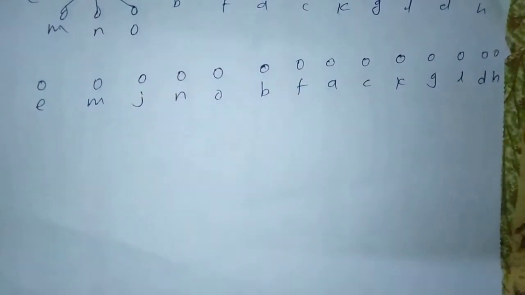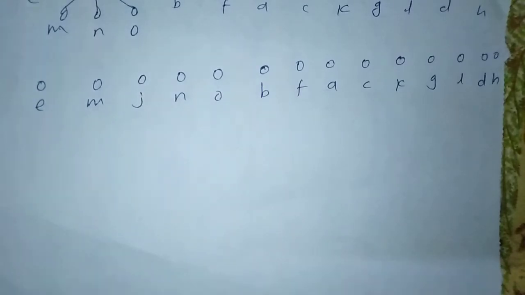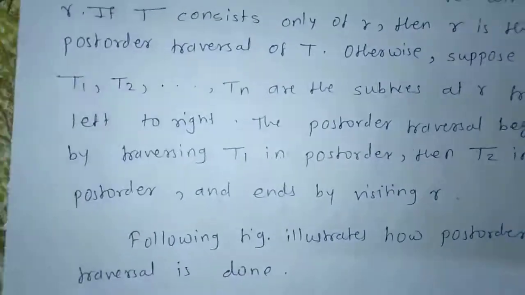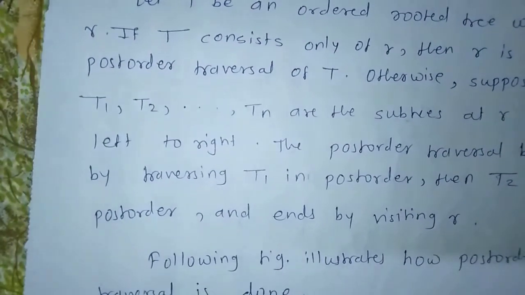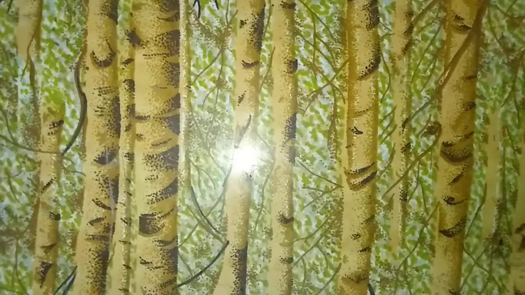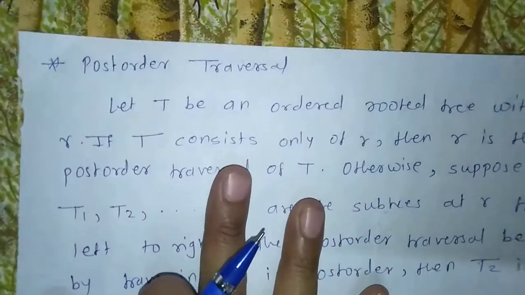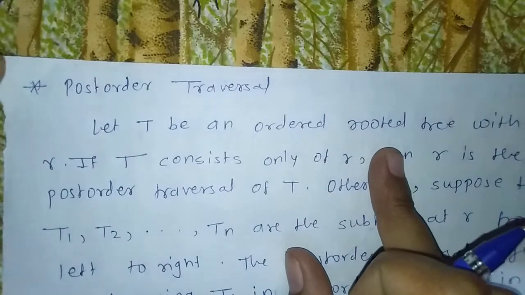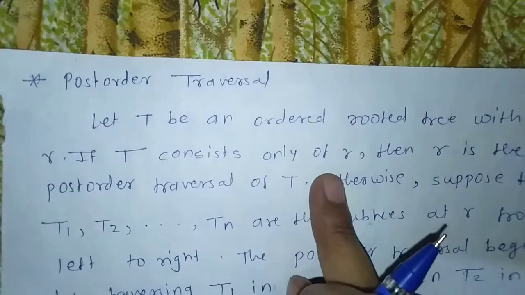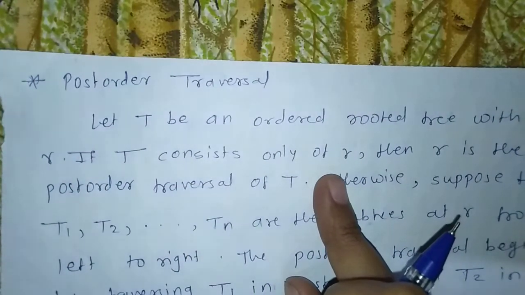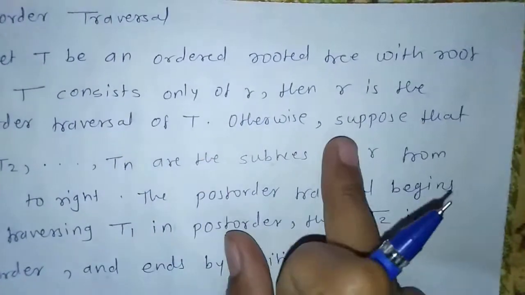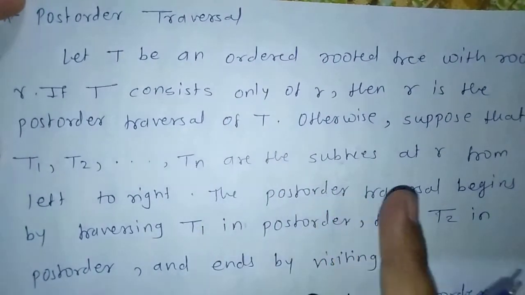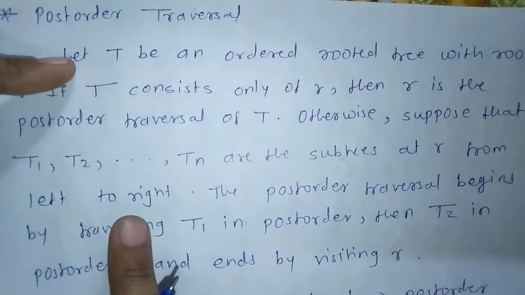Okay. Now next point, postorder traversal. Postorder traversal means: let T be an ordered rooted tree with root R. If T consists only of R, then R is the postorder traversal of T. Otherwise, suppose that T1, T2 and so on up to Tn are the subtrees at R from left to right.